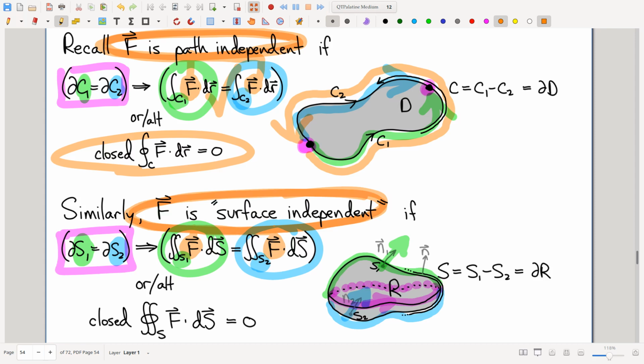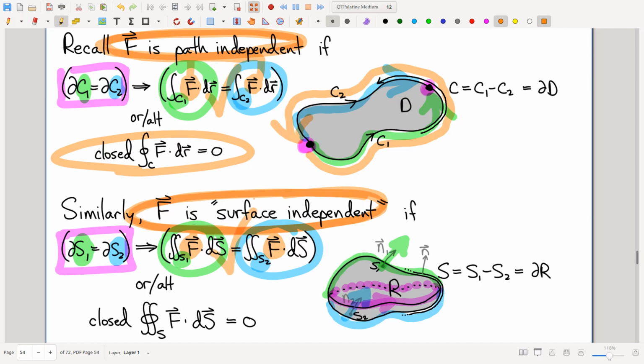Shared boundary curve, of course. That's, again, very important. They've got to have exactly the right shared boundary curve. But still, billions and skillions of such surfaces, they'll all give you the same flux for these special vector fields.